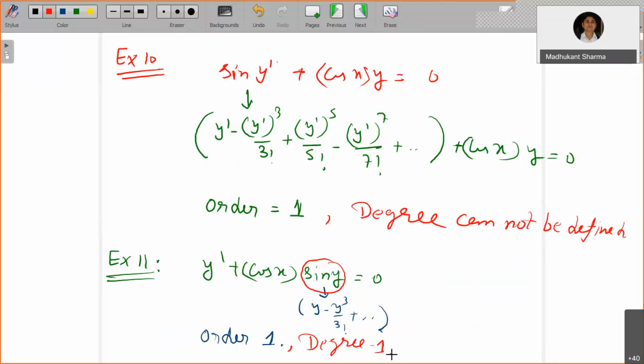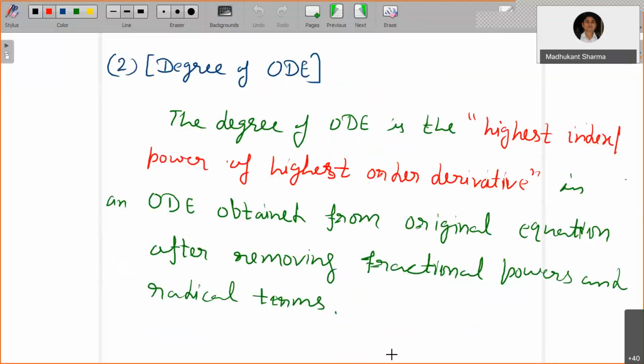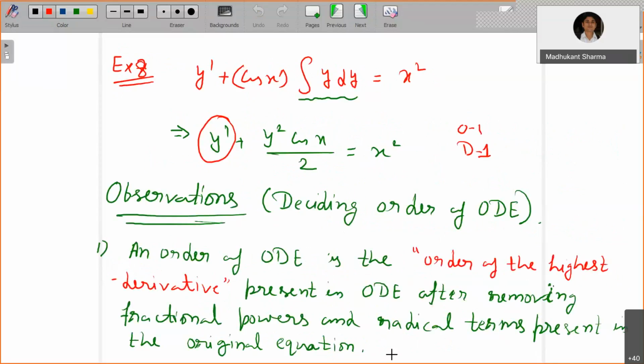So here, the order is that of the highest derivative present in the ODE after removing fractional powers and radical terms present in the original equation. We only look at fractional powers of y and its derivatives. We are not worried about functions of x.